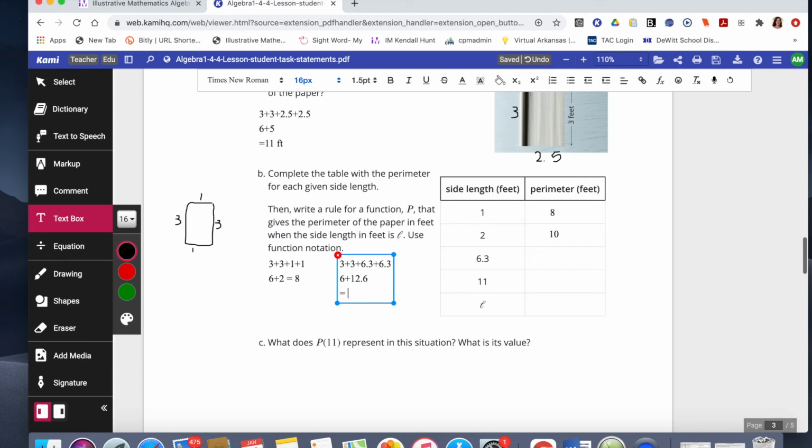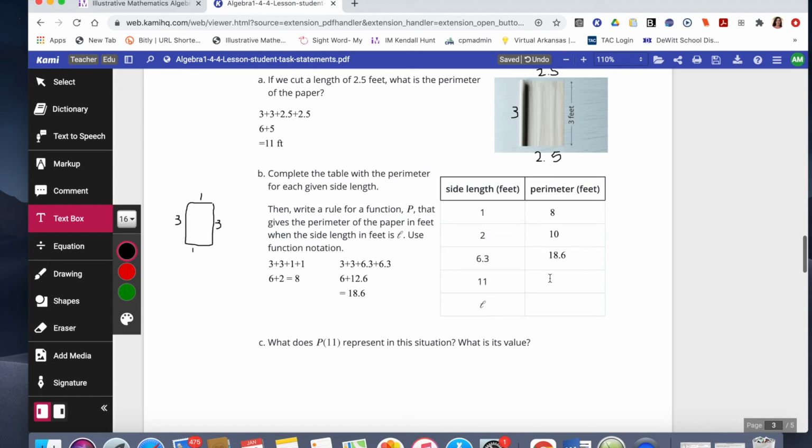Well, this would equal 18.6. Whoops, not a comma. 18.6. All right, and then if our side length was 11, so we have 3 plus 3 is 6, and then 11 plus 11. 11 plus 11 is 22, so 22 plus 6, this is going to give us 28.